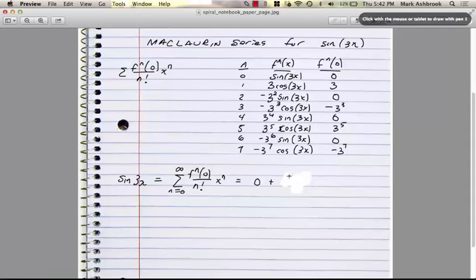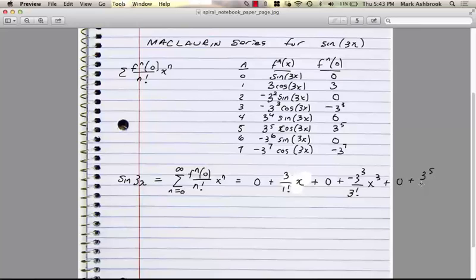So we want a coefficient times x to the n. So 3 over, what is n now? 1, right? x to the 1 plus 0 plus negative 3 cubed over 3 factorial x cubed, plus 0, plus 3 to the 5th over 5 factorial x to the 5th, minus, we'll do one more, 3 to the 7th.